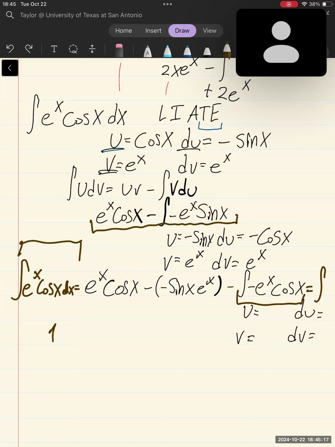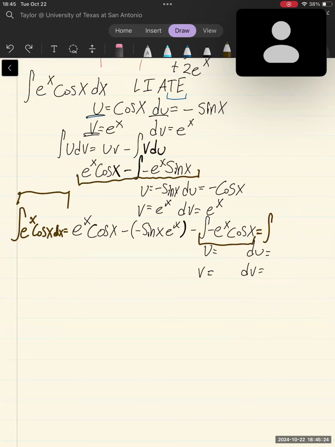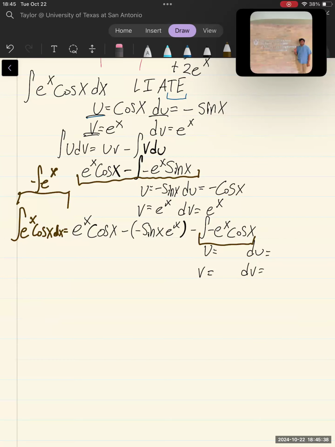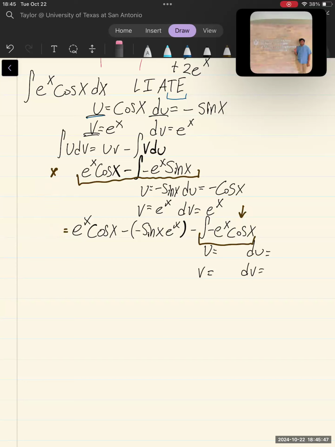Sorry, I'm not following what you're saying. So you're saying I'm going to move this entire integral to the other side, meaning I would divide, right? You would add or subtract it to the other side. Yeah, you add the one on the right to the left. So it gives you two. Yeah, it gives you two.